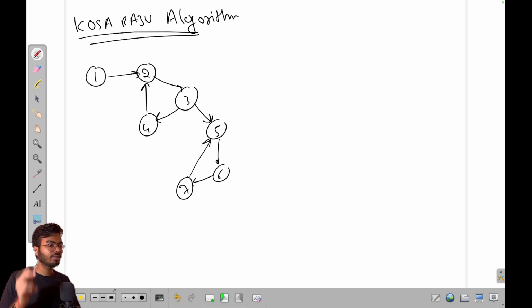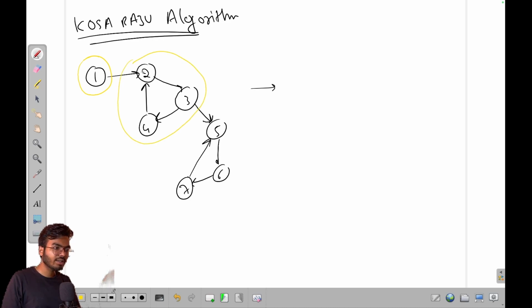So what are the strongly connected components in this whole graph? I can say this one is a separate strongly connected component, this one is a separate strongly connected component, these three are separate strongly connected components, and these three are separate strongly connected components, right? Because if you see, I can't visit one from any of these strongly connected components.